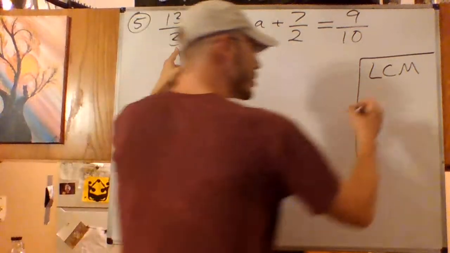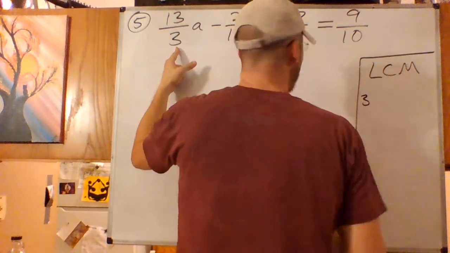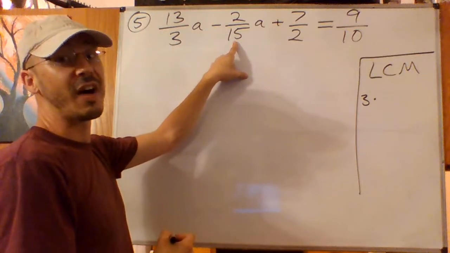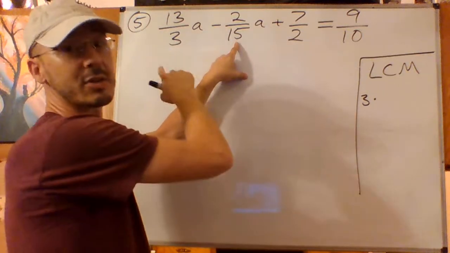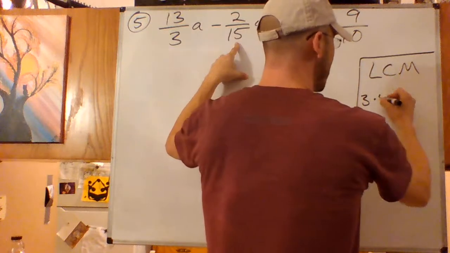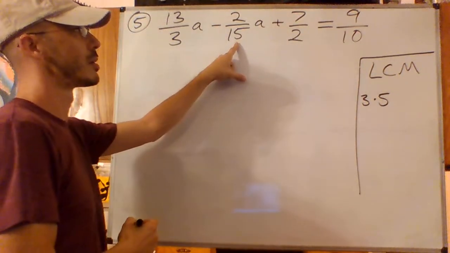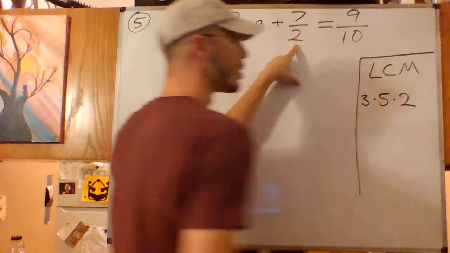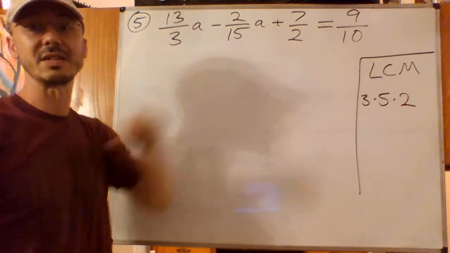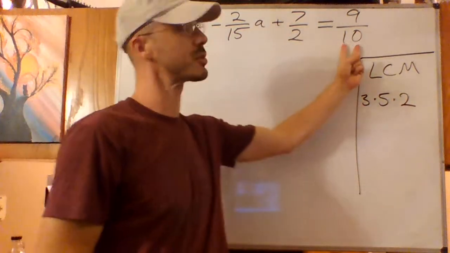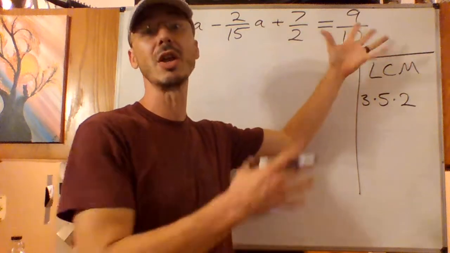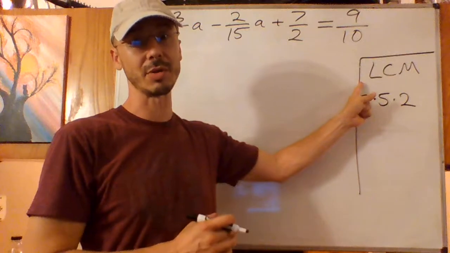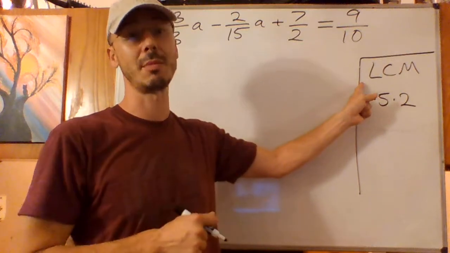So I do need a factor of 3. And I need a factor of 5, but I already have a factor of 3. I don't need another factor of 3. I need a factor of 2. And that's it. I already have a factor of 2 and a factor of 5, so I don't need another one. This is the least common multiple, or lowest common denominator.